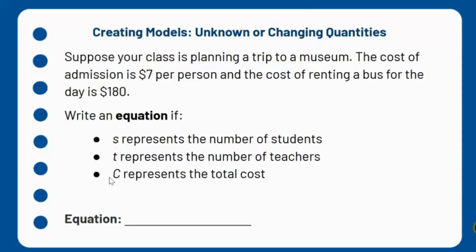Take a minute to reread the situation. Considering the situation, which variable makes the most sense to be isolated on one side of the equation? Since the situation is about finding the total cost of the trip, it makes sense to write an equation that would determine the total cost of the trip for varying amounts of students and teachers. Therefore, we'll start out with the equation C equals.